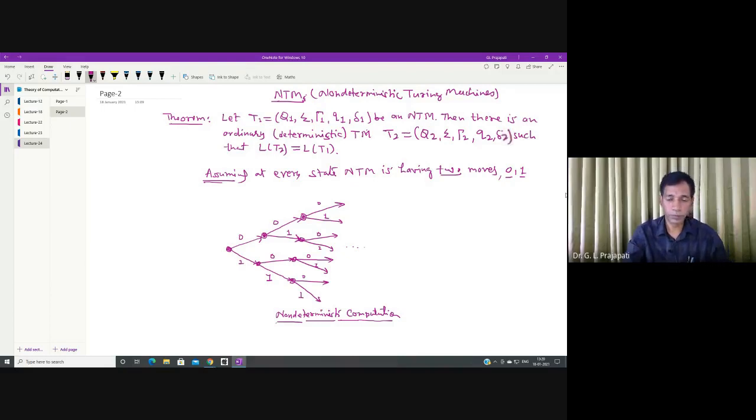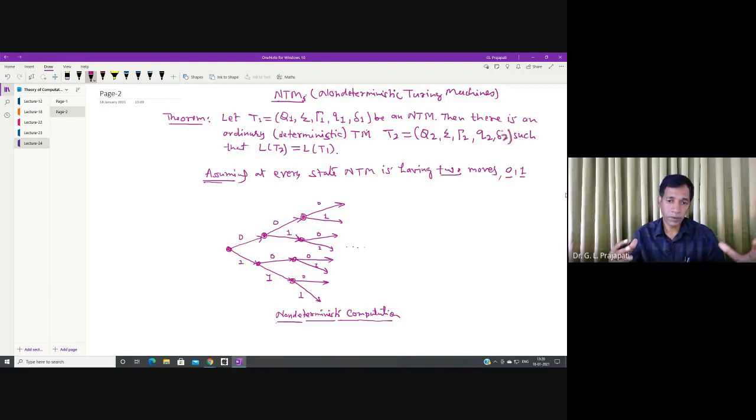So now see that if we have a Turing machine like this, at every state your machine is supposed to make a guess, and we know that this is the case of non-determinism, and non-deterministic algorithms generally we cannot execute with our present programming languages.